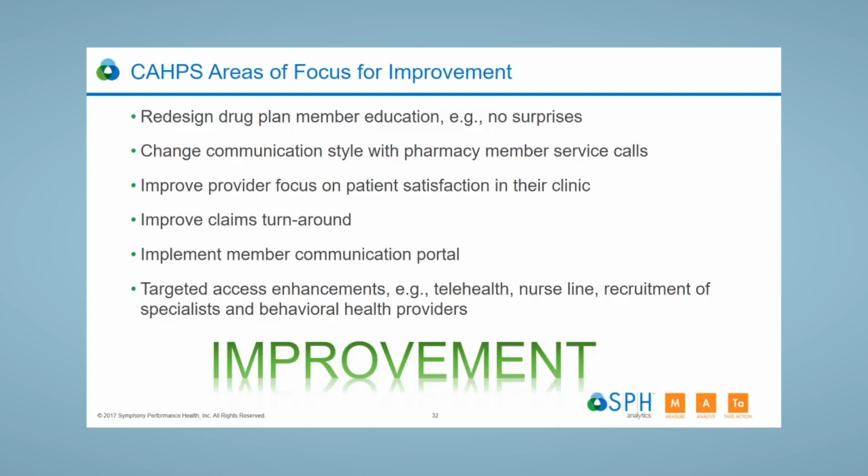We've also focused on recruitment of specialists and behavioral health providers in areas where we were deficient, to improve access. So doing the drill down survey has greatly enhanced our ability to focus on specific areas that we can be action-oriented to improve our satisfaction rates.